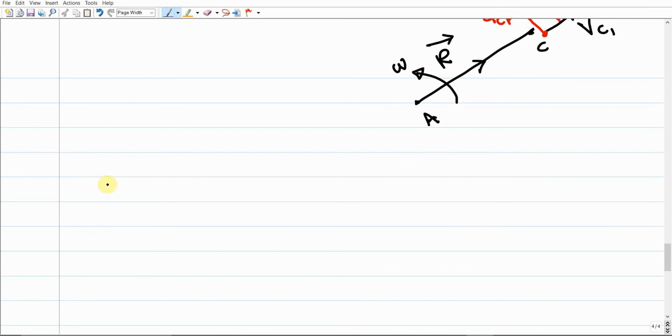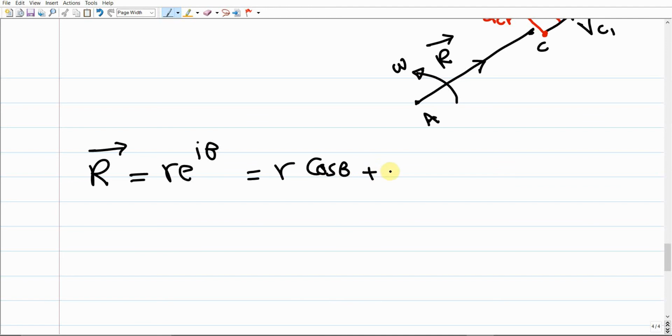Like we have the R vector. We can write this R vector as R e^(i theta). This is one form, and the equivalent one is R (cosine theta plus i sine theta), with a parenthesis here, right? So this is the trigonometric form, or the position vector in terms of trigonometric functions.